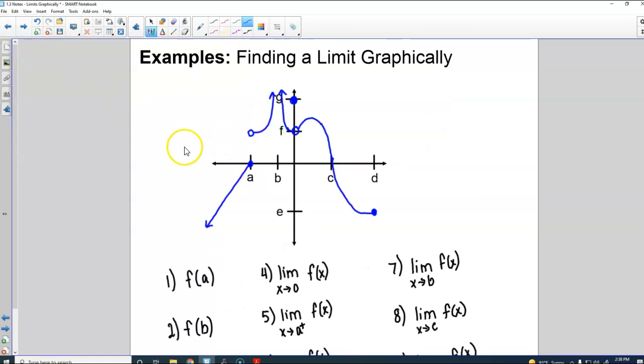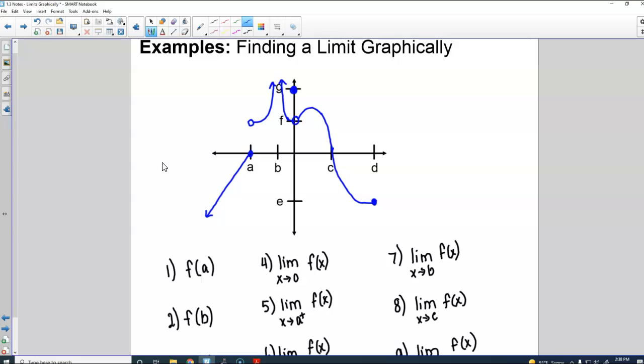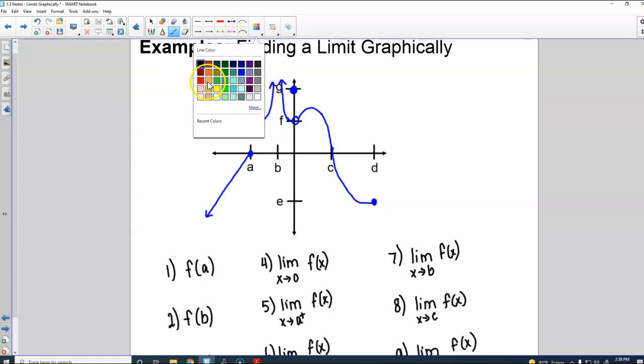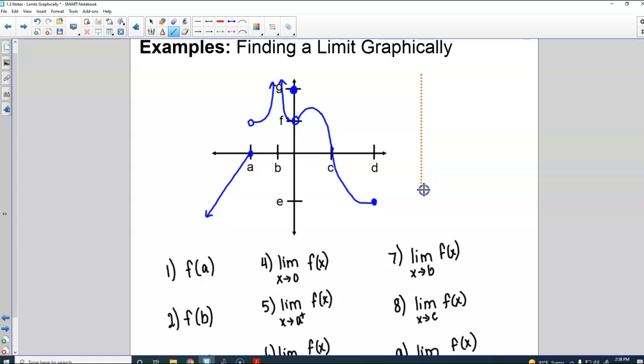All right, let's try this one. I'm going to put a dotted line here. This one's starting at f of A. Let's see. Eli, what is it?